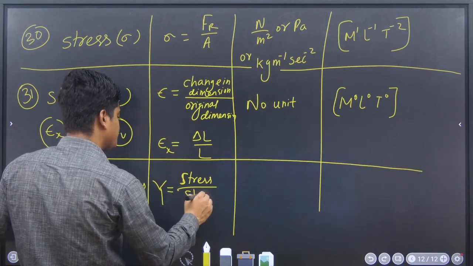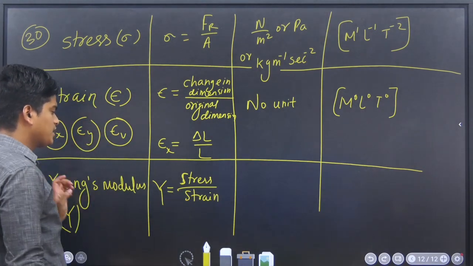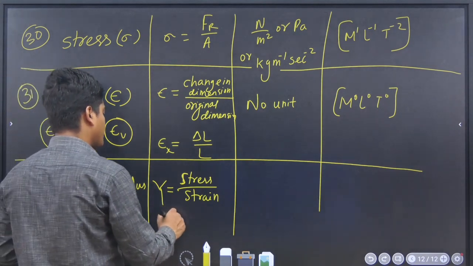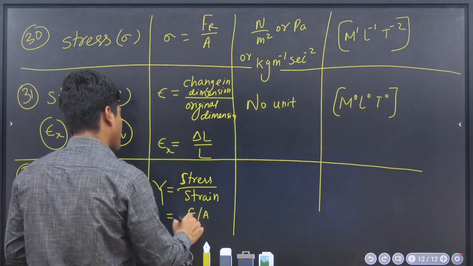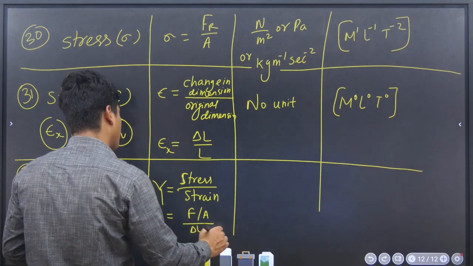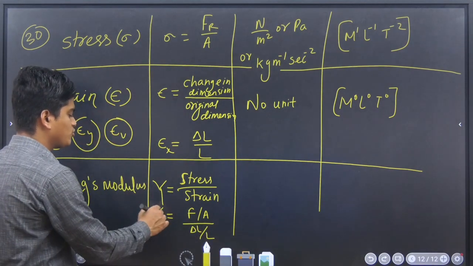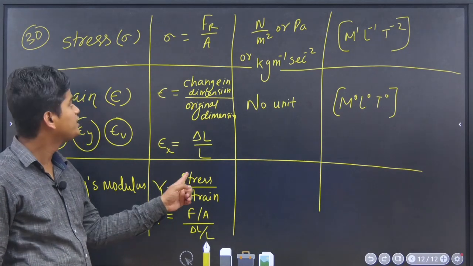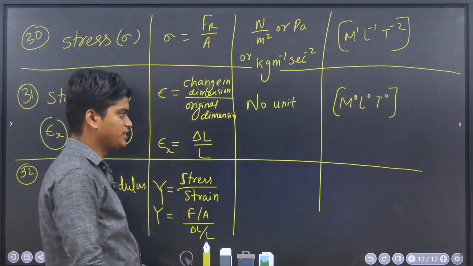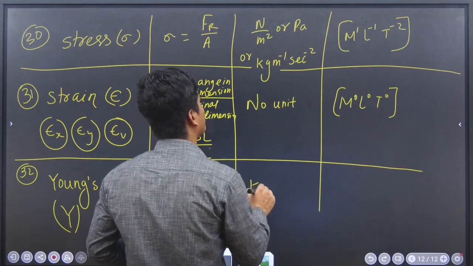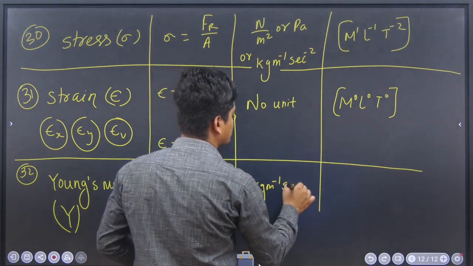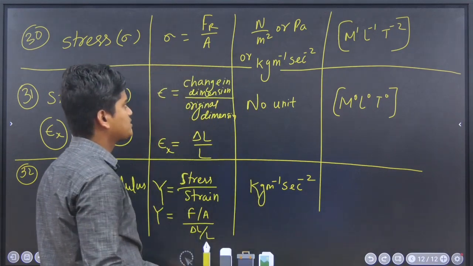Or you can write it is basically stress by longitudinal strain. Or you can write here it is force by area by delta L by L. Okay, so this is your Young's modulus, and strain has no unit. That means Young's modulus unit will be equal to stress unit. So I can write here its unit is exactly the same, kg meter to the power minus 1 second to the power minus 2.